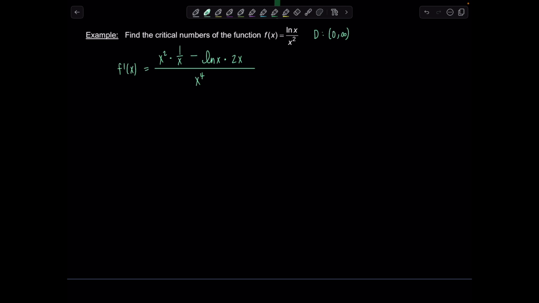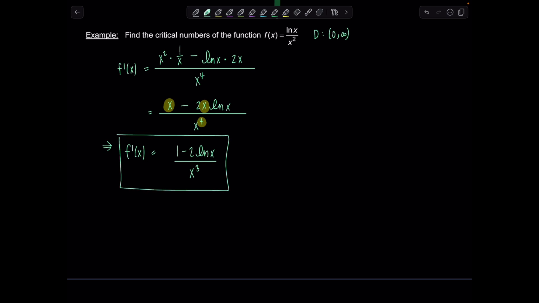So let's clean this up. x squared times 1 over x is just going to be x, minus 2x ln of x, over x to the 4th. And then you see, I can cancel out 1 x from everybody. So let's simplify. That means f prime of x is going to be 1 minus 2 ln of x over x cubed. Are you good?